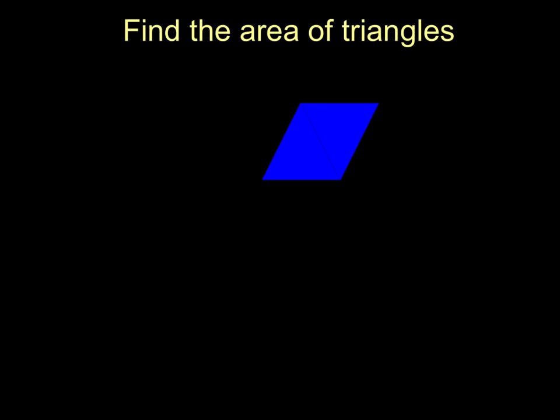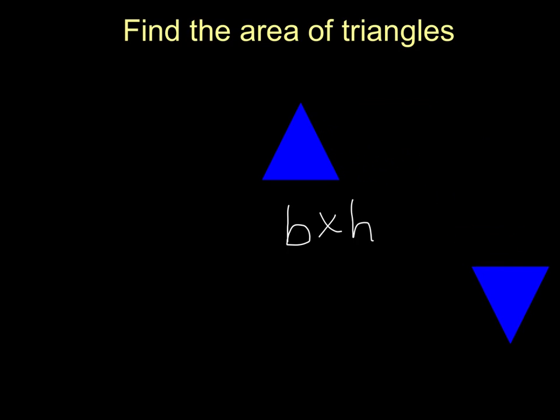Now we know from what we just learned that the area of a parallelogram is the base times the height. But keep in mind, this parallelogram is really the two triangles. So if I take that triangle away, now I'm left with my original triangle, and so now I'm left with half of the parallelogram.